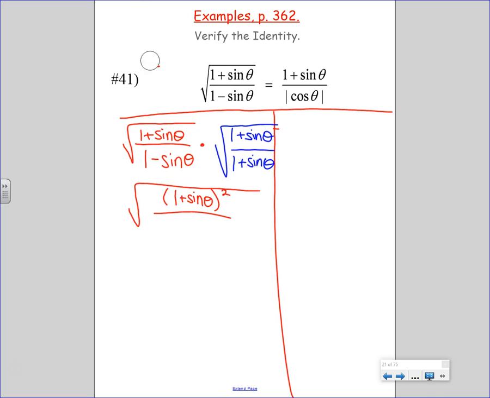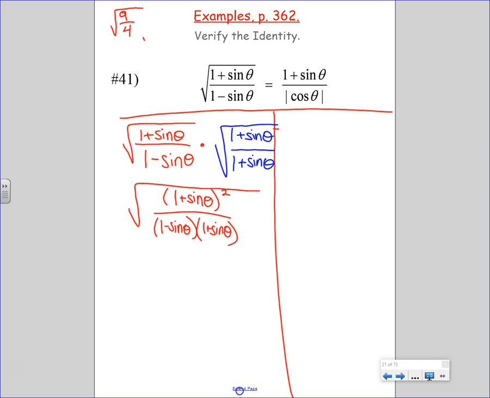On the denominator, I'm going to have 1 minus sine times 1 plus sine. Here's another question. I just have to remind you guys, since we haven't done a lot of square roots this year. What would be the square root of 9 over 4? All of it's under the square root, the whole thing.